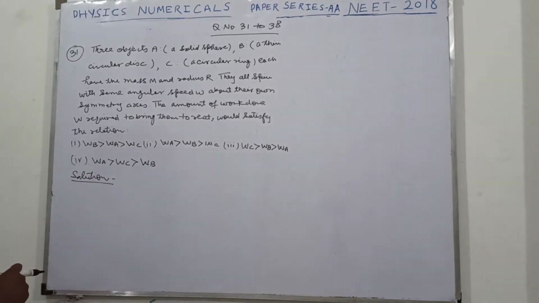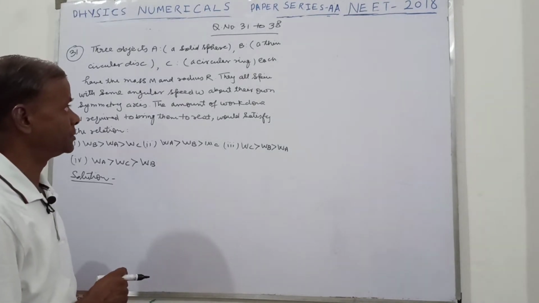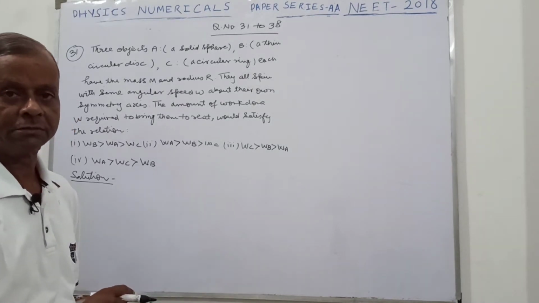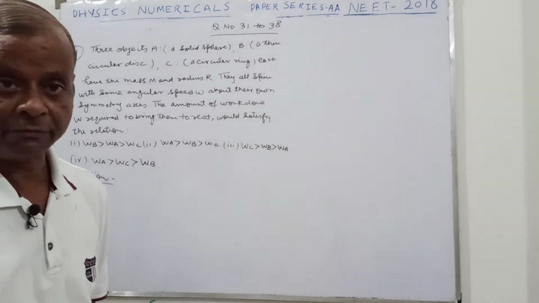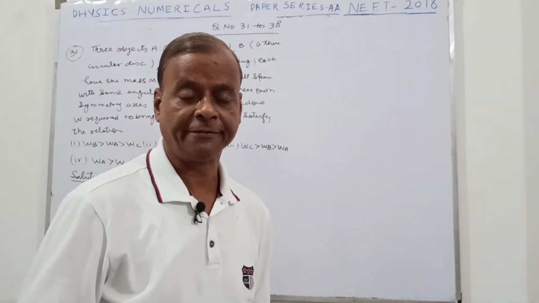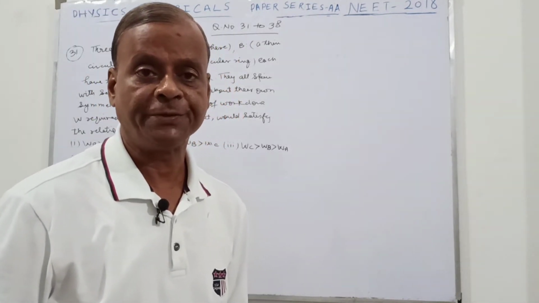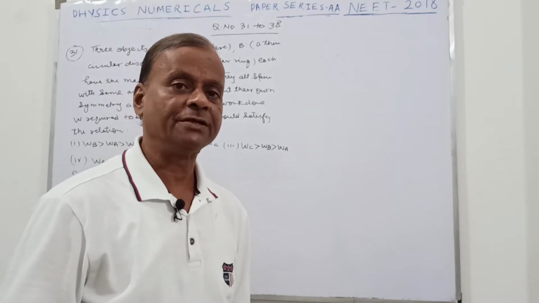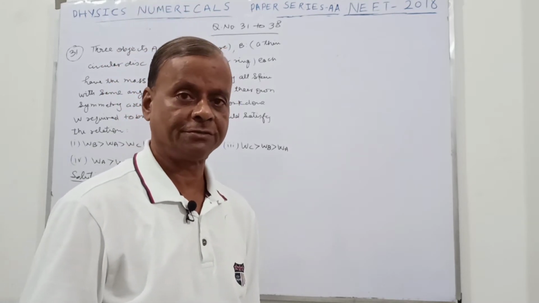We have three objects: a solid sphere, a thin circular disc, and a circular ring, rotating about their own axis of symmetry with the same angular speed omega, and they have the same mass and same radius.